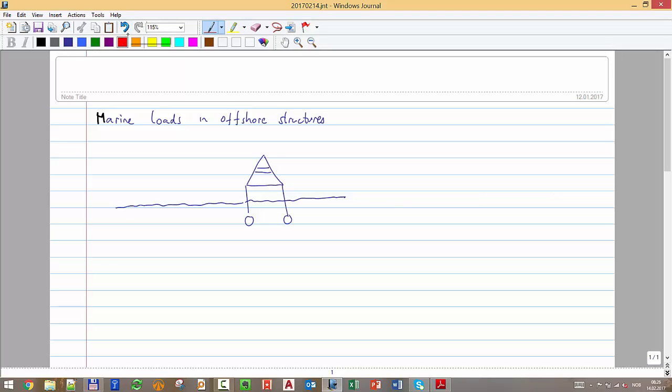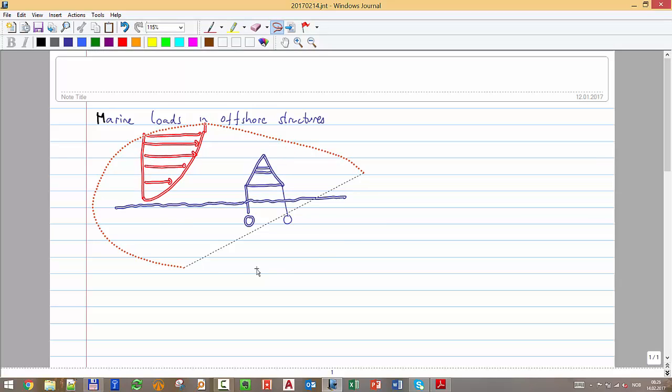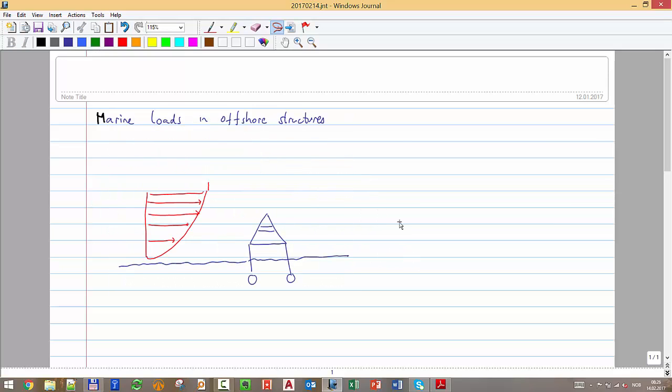One of them is wind. The wind we usually describe as having a lower velocity close to the sea surface, then it increases, and then it becomes kind of stable.